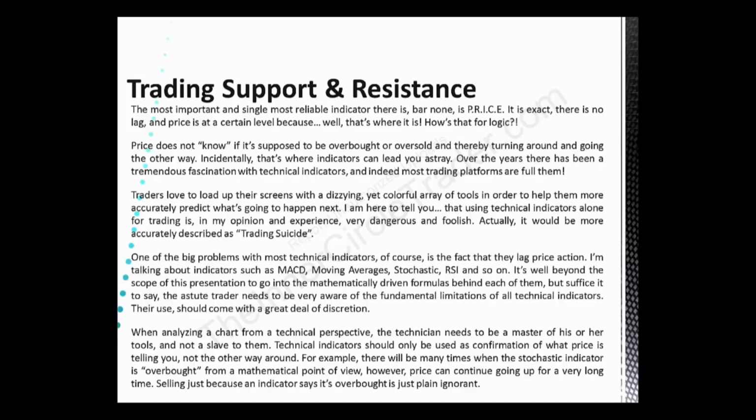If price drops down to a certain level, its perceived value will incite buying, or at least a drastic slowdown in the selling, which would cause a pause, if not an altogether bounce and turn higher. And obviously the same would be reversed for resistance.